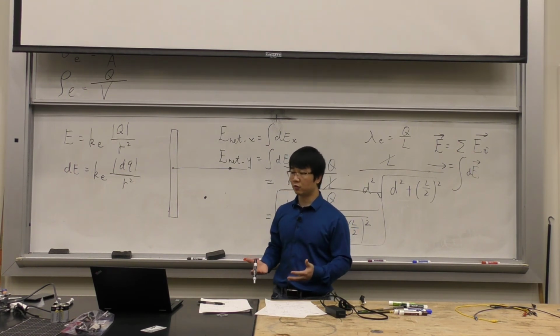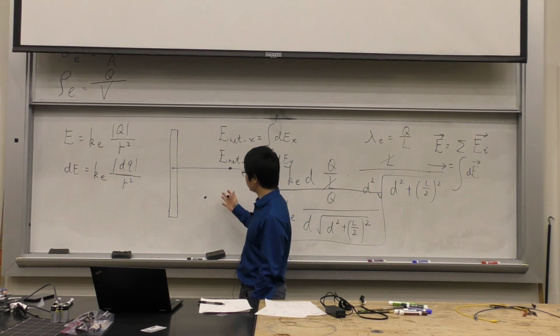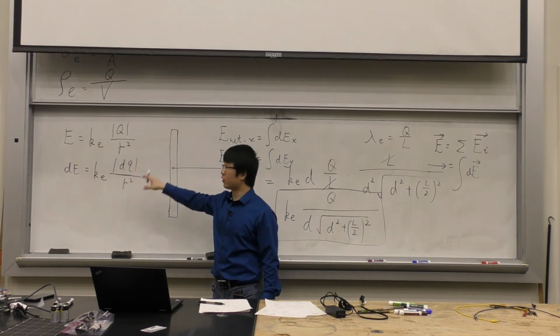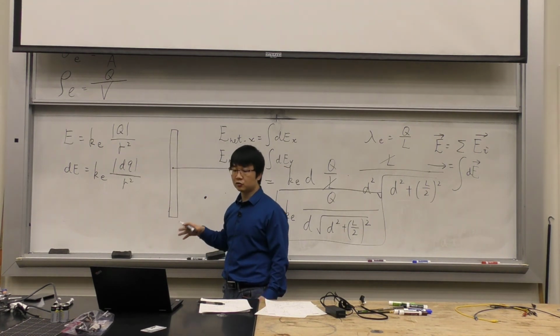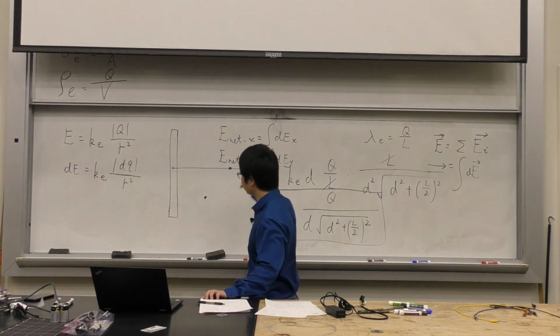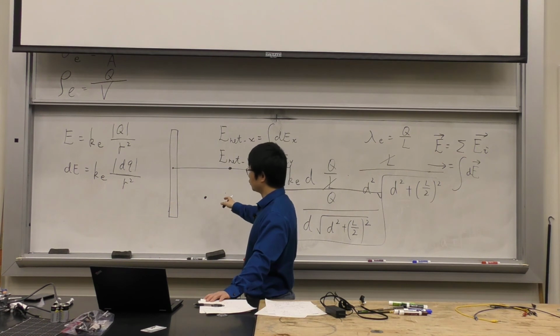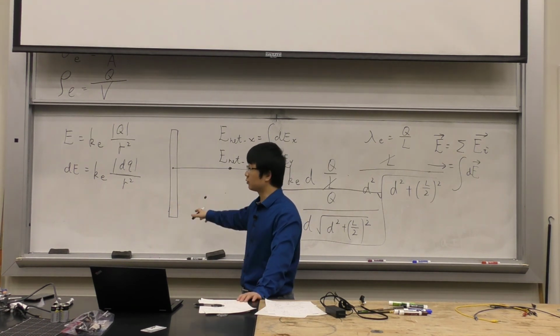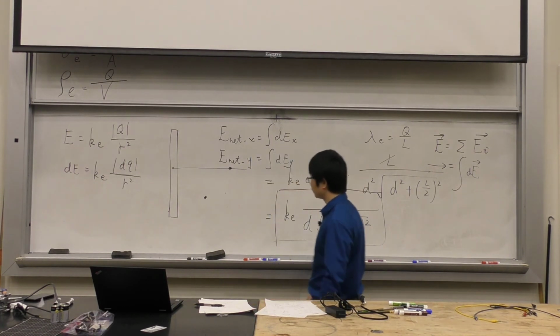So in principle, you can actually calculate the electric field at any point I pick around this rod. So again, you see, using that theory, I can find out the electric field at any point. So I'm done with this one-dimensional rod.